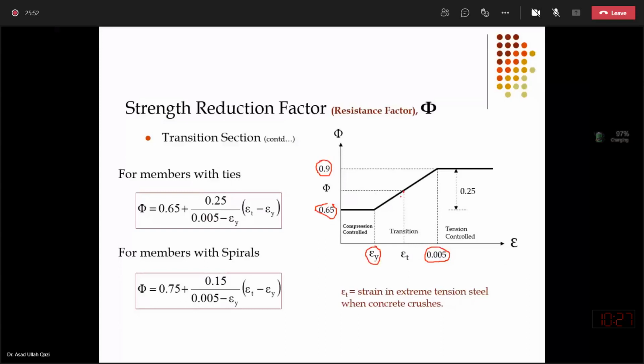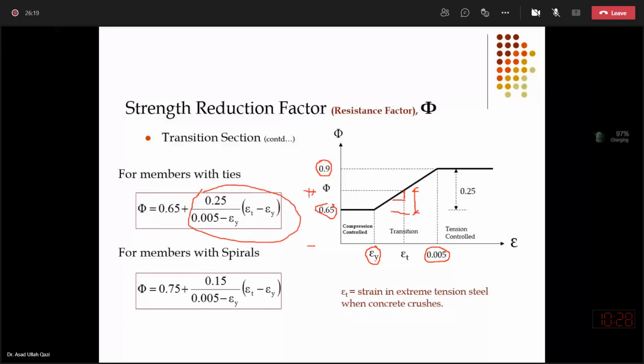And in order to determine the phi, we want the slope of this line, because we can add 0.65 fixed phi, and then the additional height we can determine will be added up here to get the final phi value.